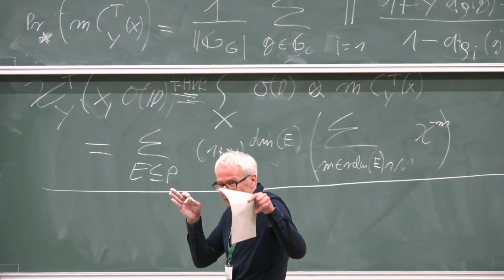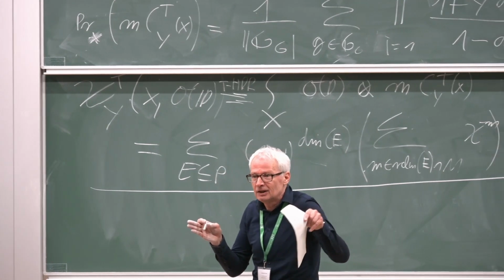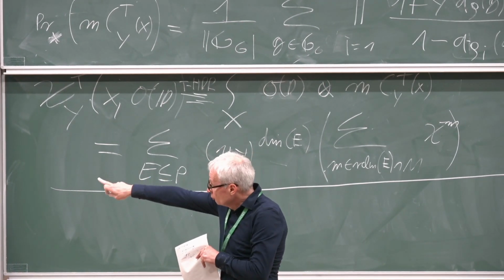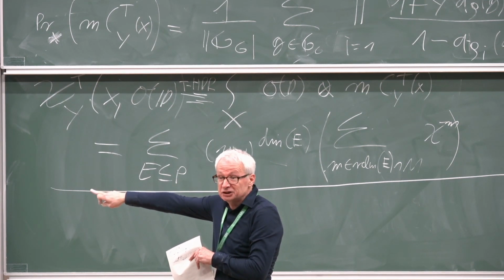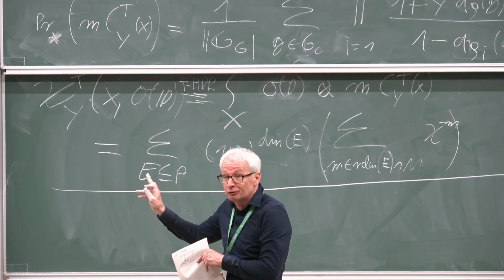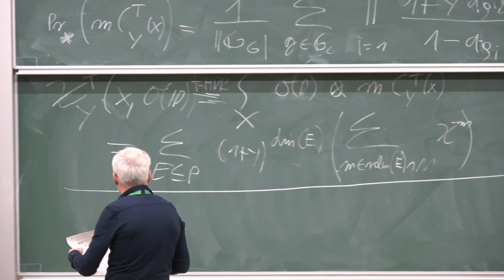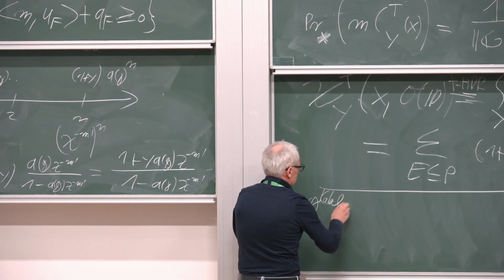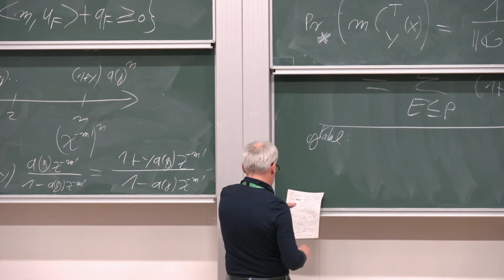And from this one can really see how the formula should look. But once you know how the formula looks, I will present it, you can prove by this simple exercise and the localization that this is the right answer. So here is now the global answer, global for this simple toric context. So what is the answer?